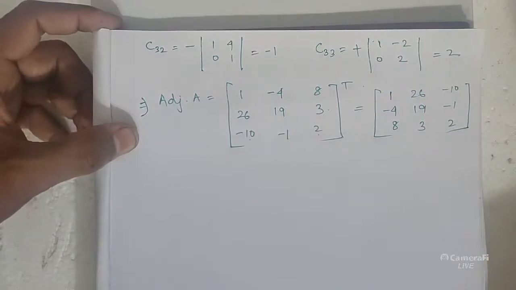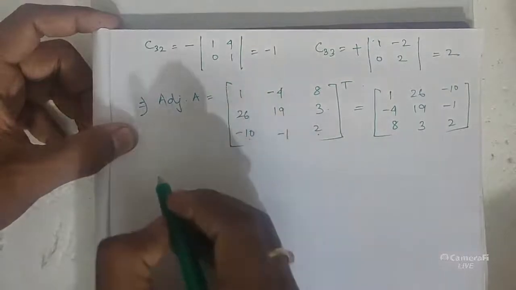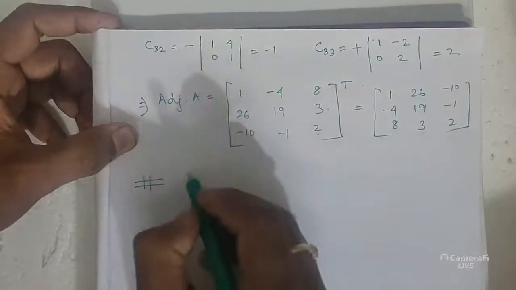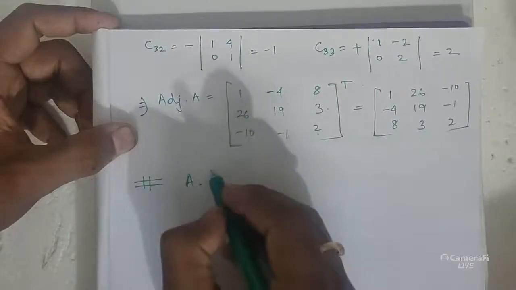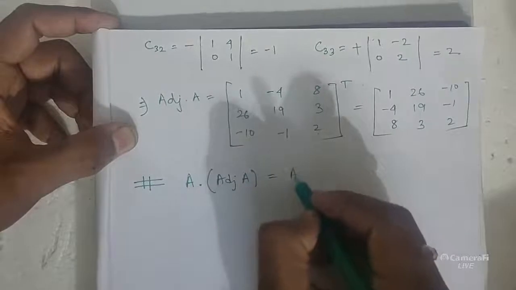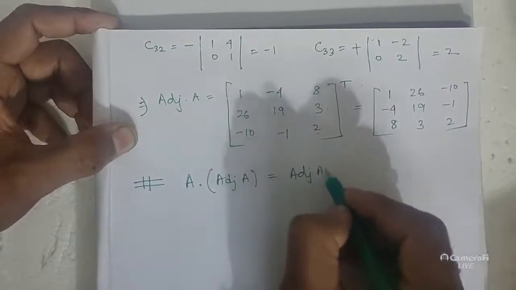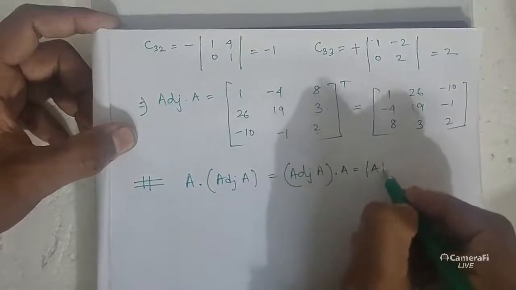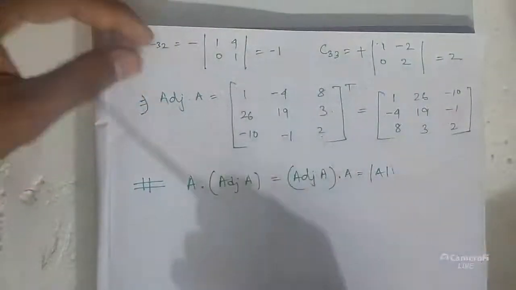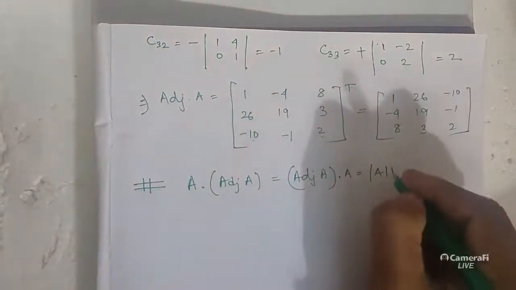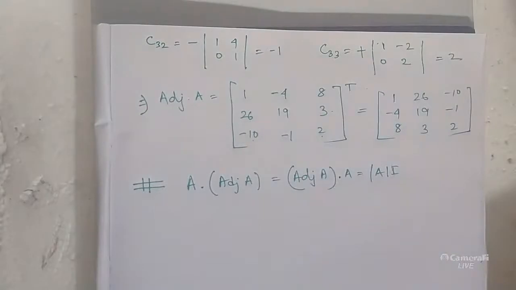Is it clear, students? One property we have for adjoint is that A dot adjoint A is equal to adjoint A dot A is equal to determinant A into I, where I is the identity matrix.